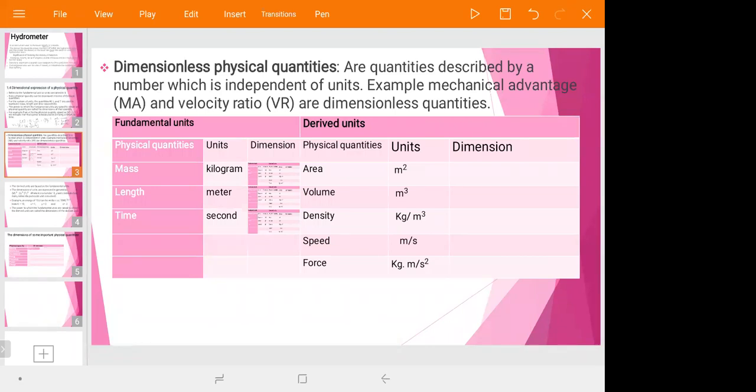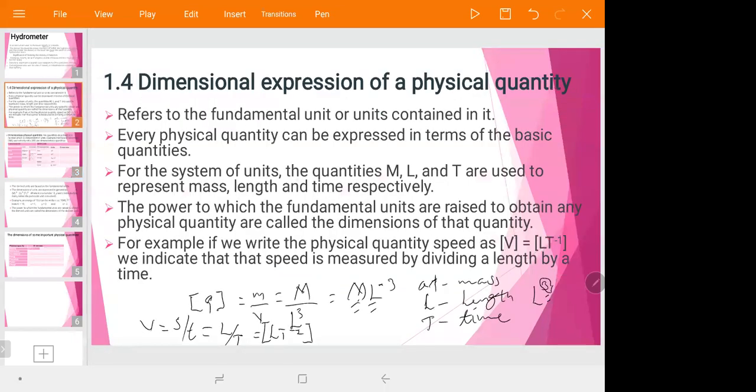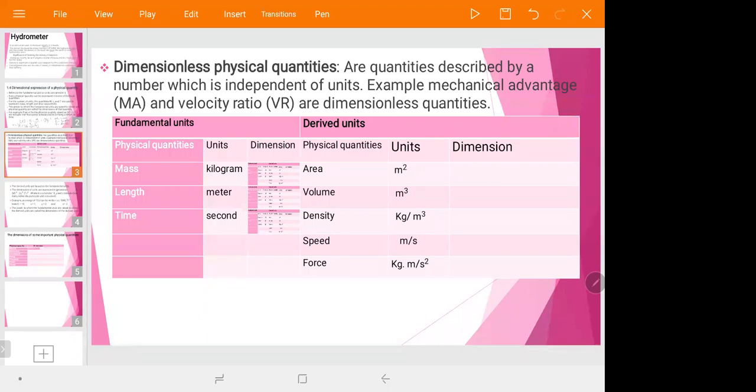If you take mass, the unit of mass is kilogram, and the dimension of mass is capital M. The dimension of length is capital L. The unit of time is second, and its dimension is capital T. So when we talk about the dimension of a physical quantity, we express the basic physical quantities contained in the body.